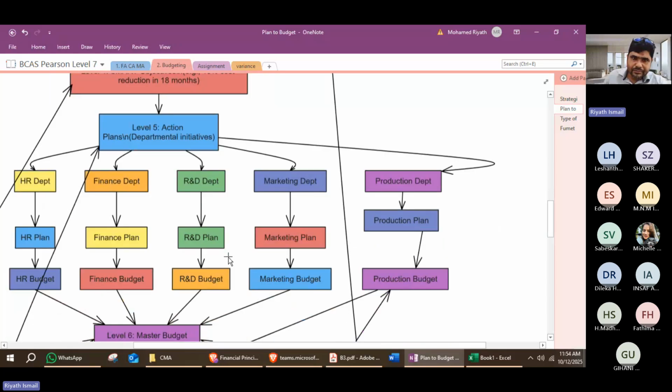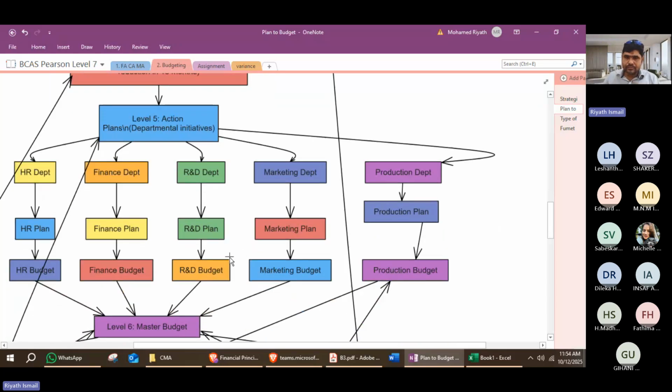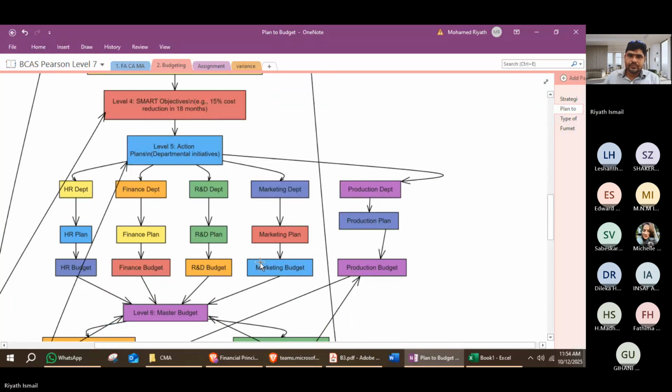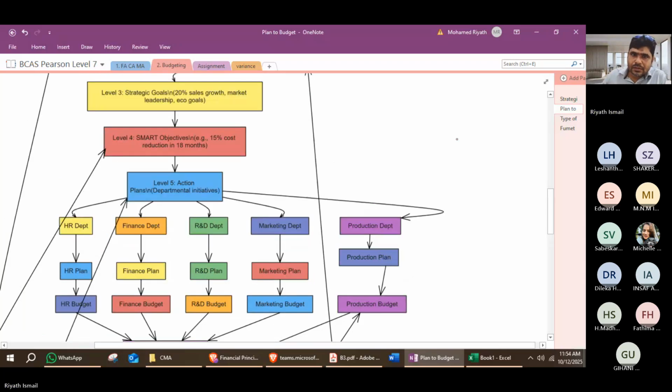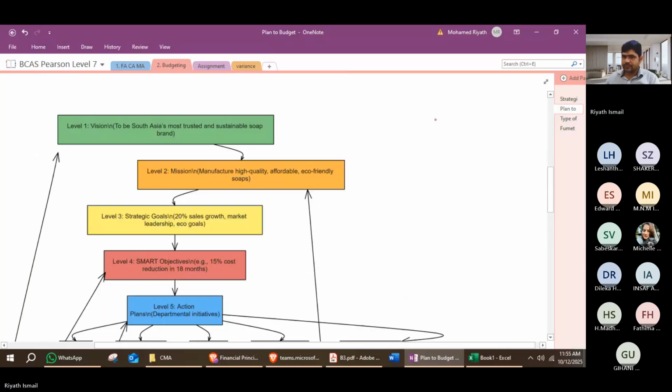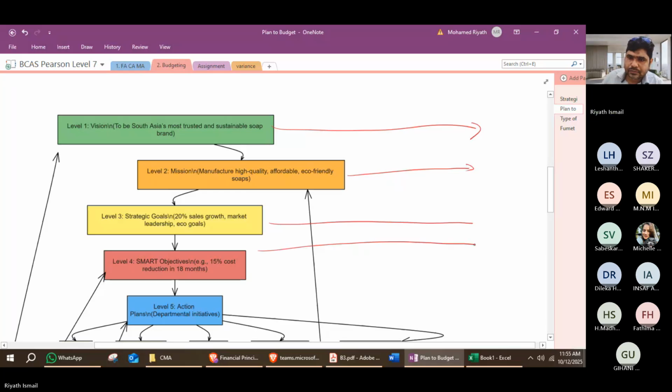When you see this diagram, see the organizational hierarchy: mission, level 3 strategic leadership, objectives, action plan.